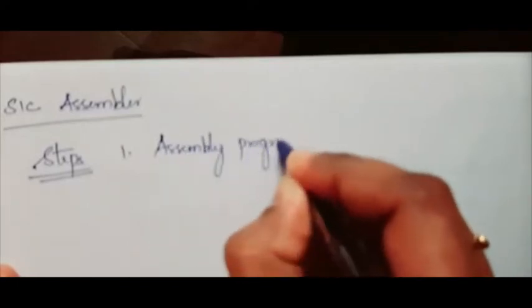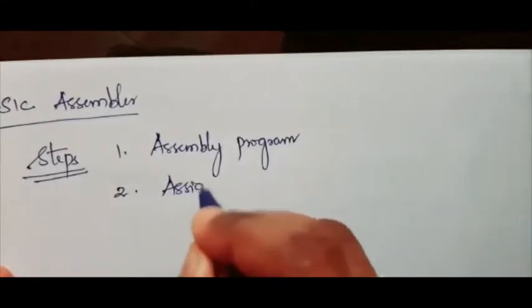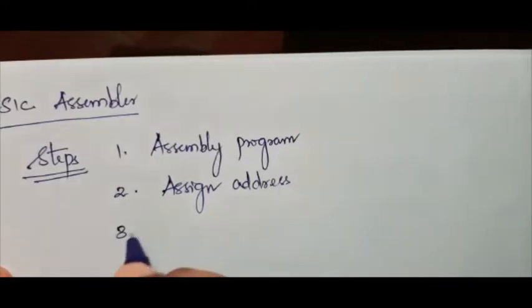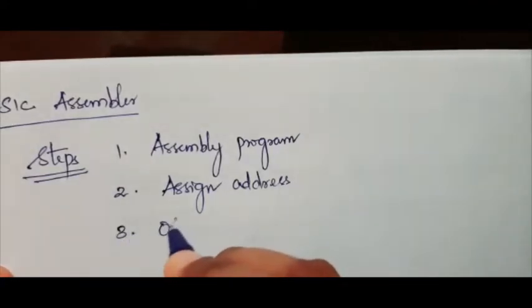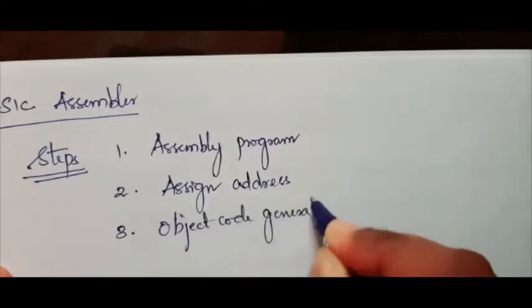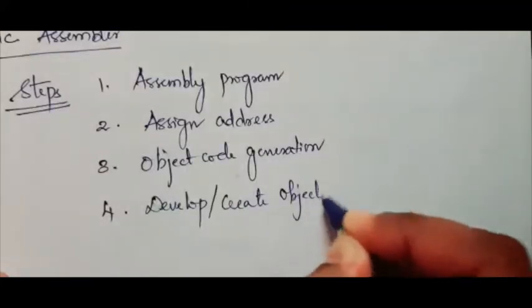So the basic steps we need are, number one, we need an assembly program. Number two, we have to assign address. Number three, generate object code, or object code generation. And number four, develop or create an object program.